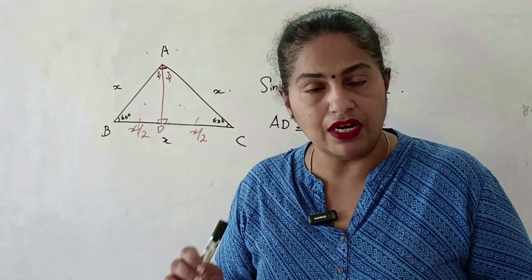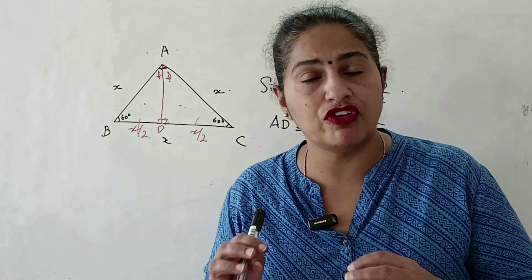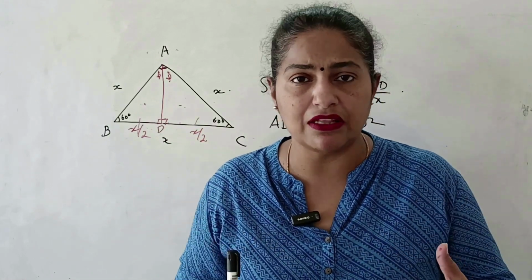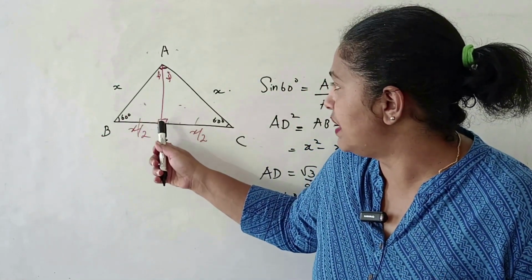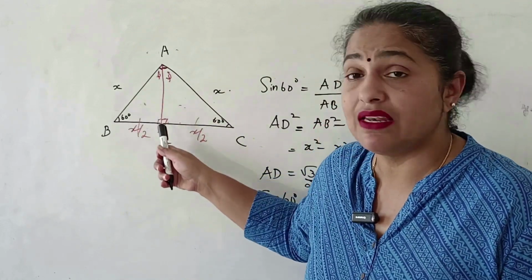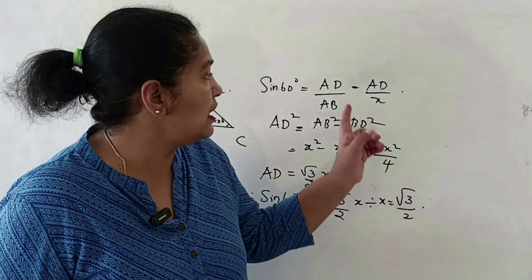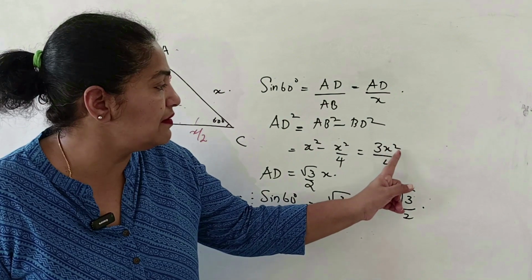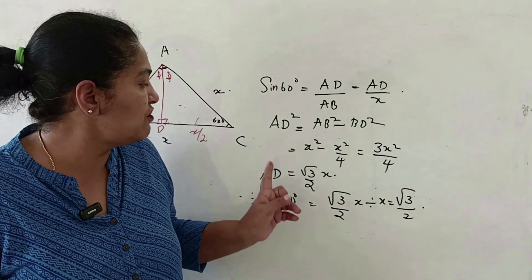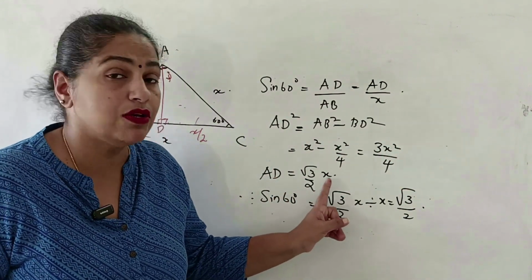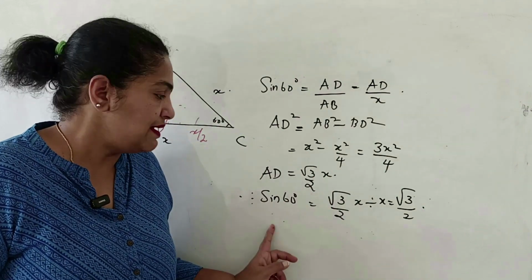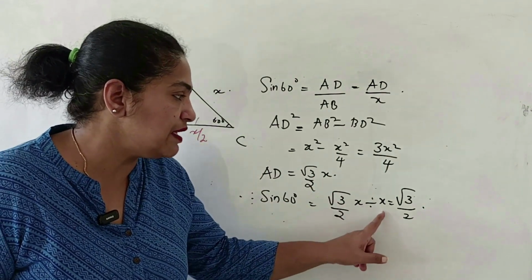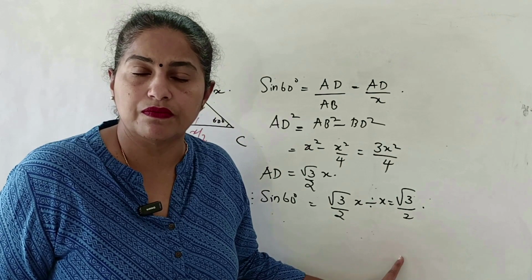In a right angle triangle, if I do not know the measure of one side, what do I do? I apply Pythagoras theorem. So AD square is equal to AB square minus BD square. Okay. So when I am substituting it over here, I will get this. The square root of AD square will give me AD, which is root 3 by 2 into x. Now my sine 60 is AD divided by x, which is root 3 by 2.